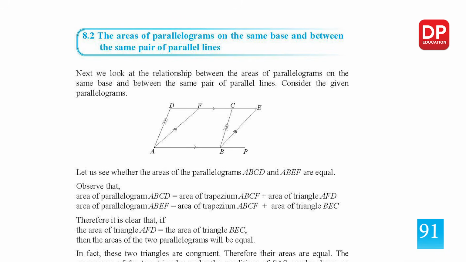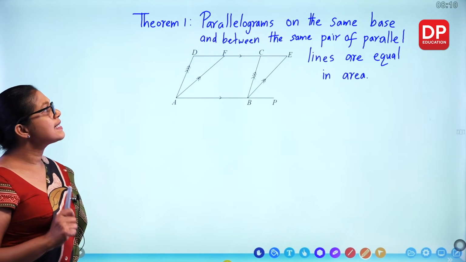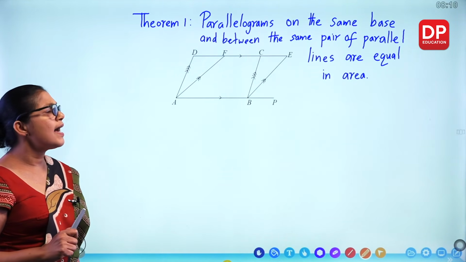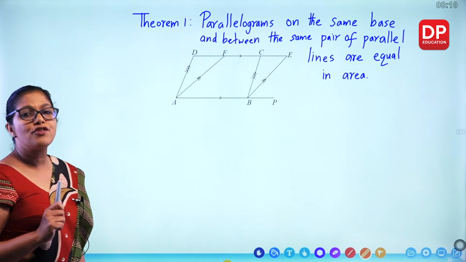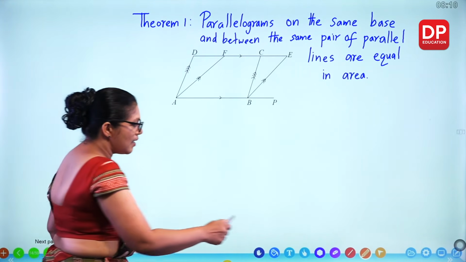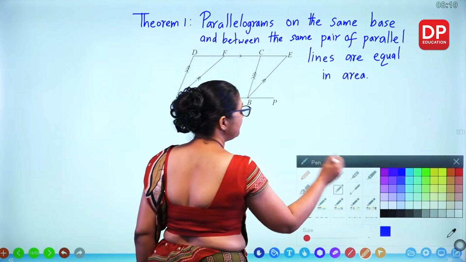Now we look at theorem 1 in your textbook. Parallelograms on the same base and between the same pair of parallel lines are equal in area. Now we'll try to prove this. What's given there?